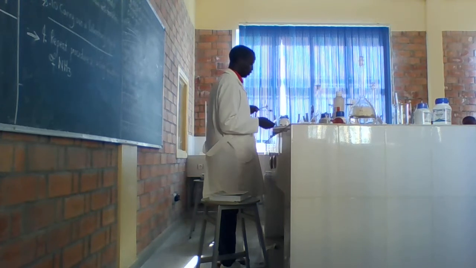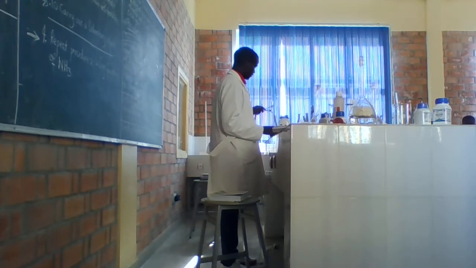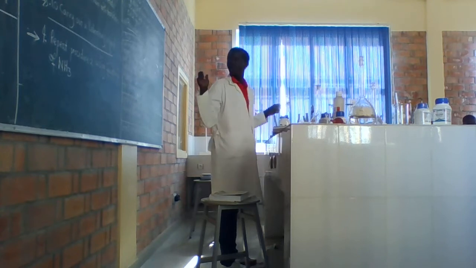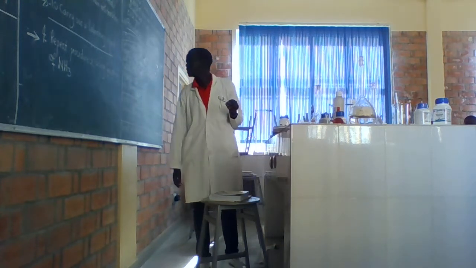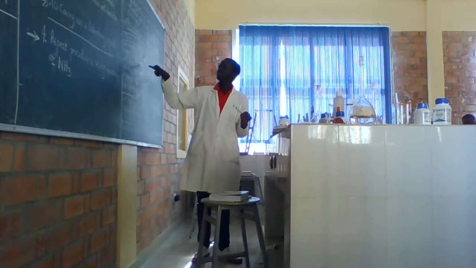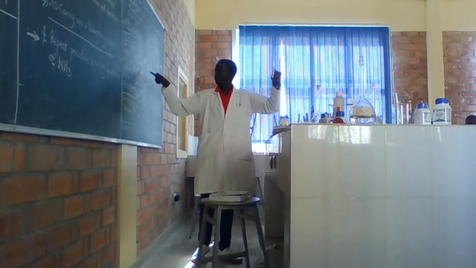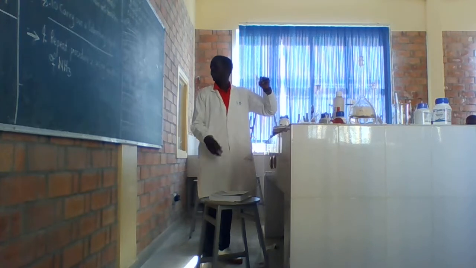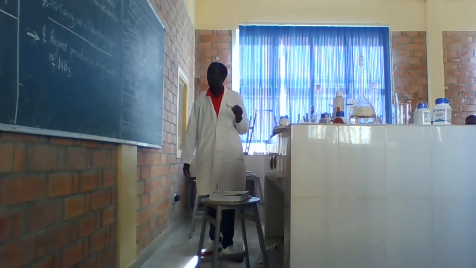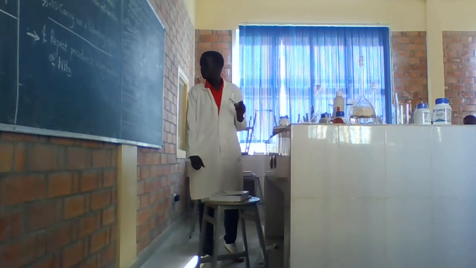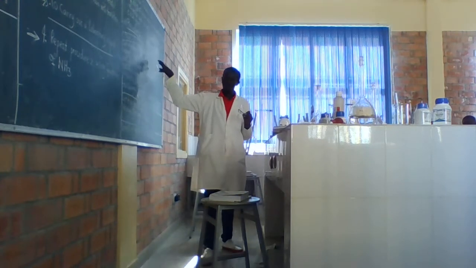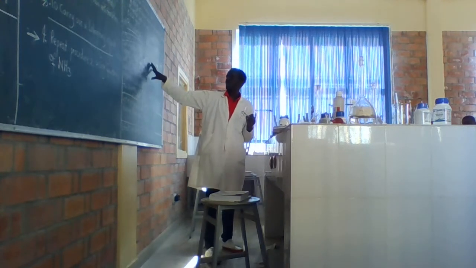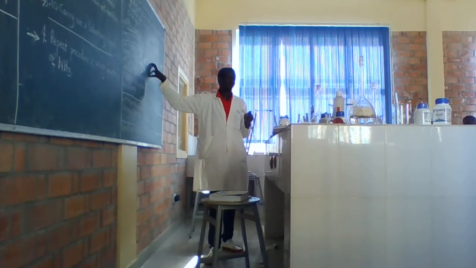On your table, you have sodium hydroxide. Take a spatula full of the given reagent and put it in a test tube half filled with water and stir, then add a few drops of prepared sodium hydroxide to observe the changes. Observation: you observe if there is a color change.